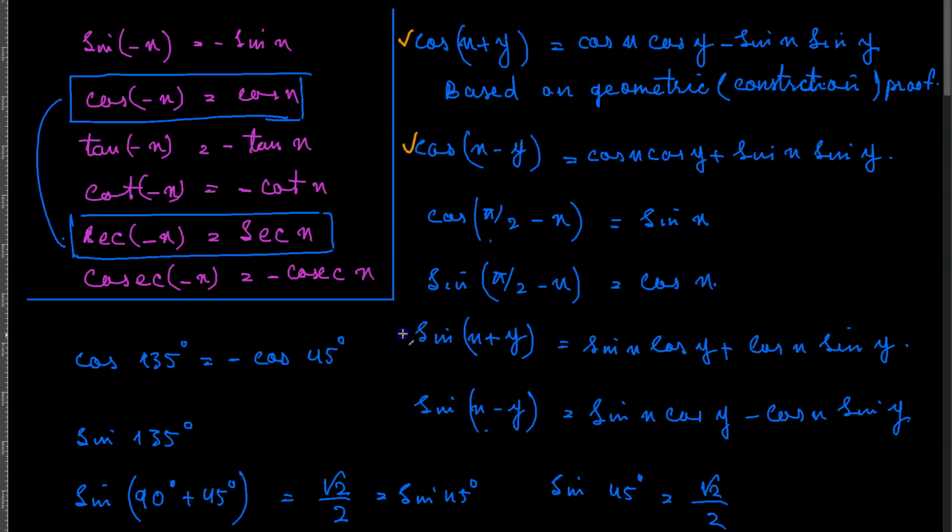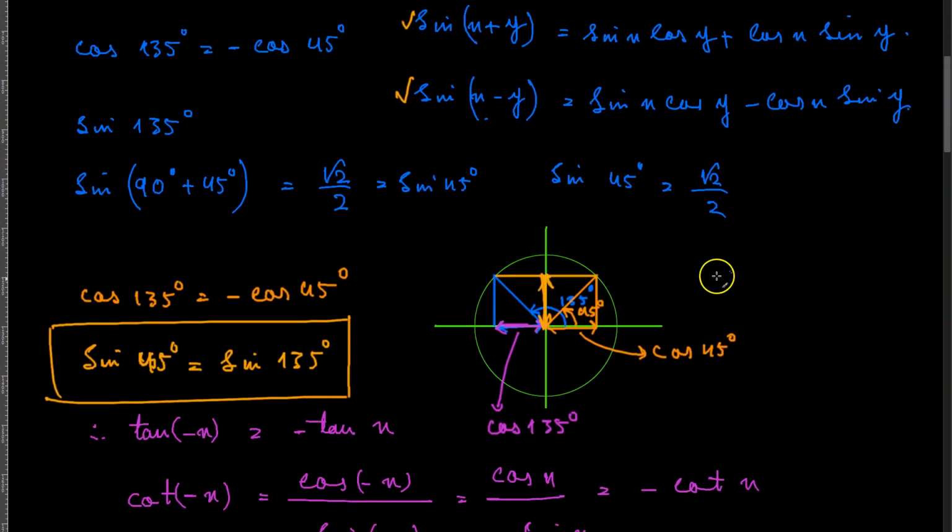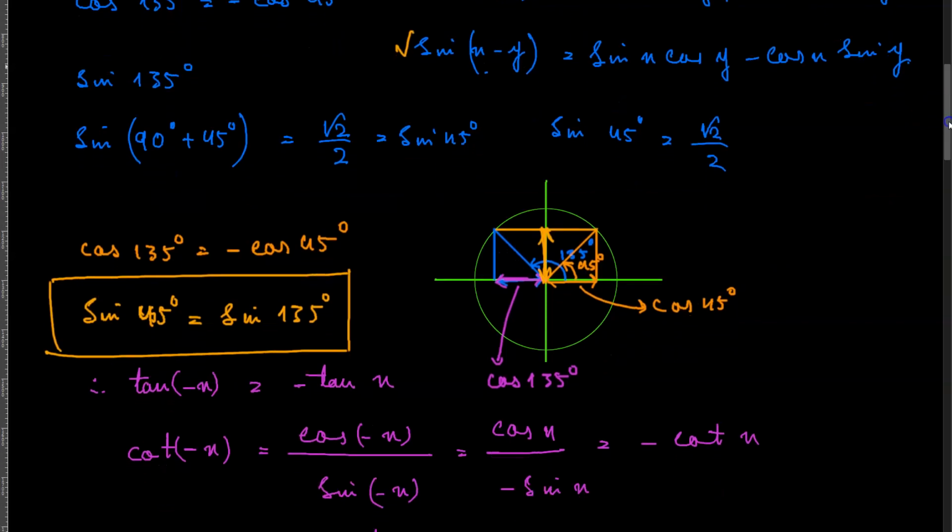But using these four formulas, 1, 2, 3, and 4, you can derive all kinds of formulas, for example, what is cos of pi by 2 minus x, cos of pi by 2 plus x, what is cos of pi minus x, cos of pi plus x, and so on and so forth. And that you can use in all kinds of different situations. But yeah, that is basically what you can do with this.